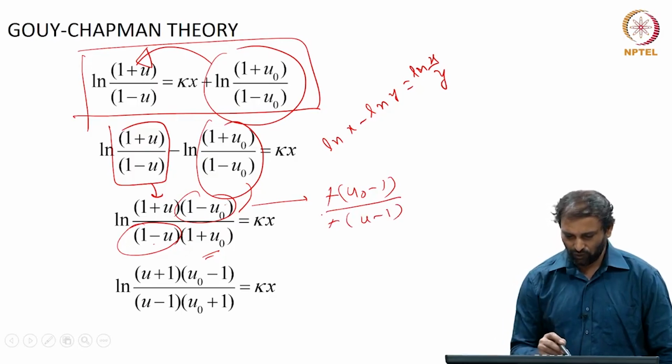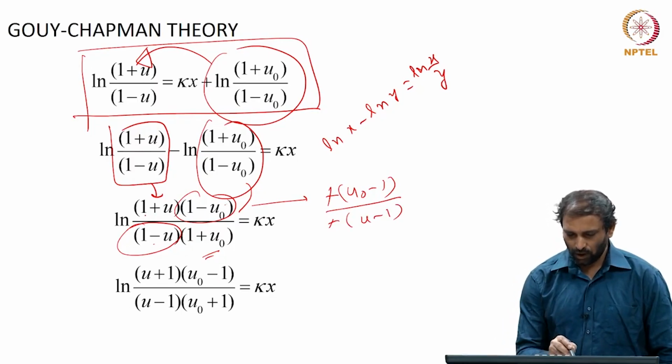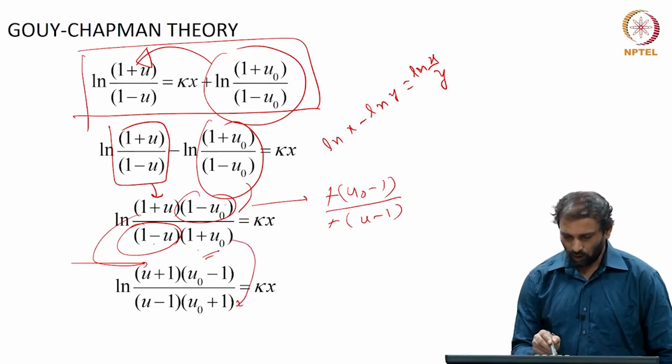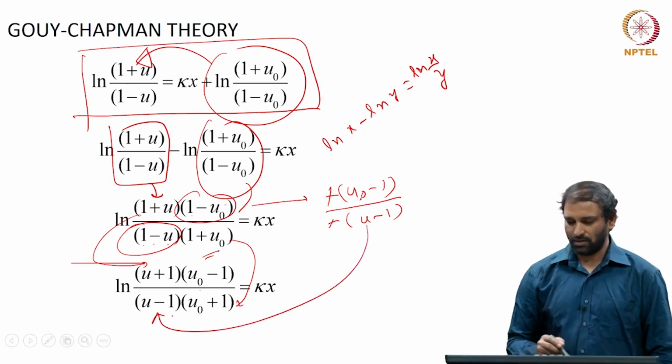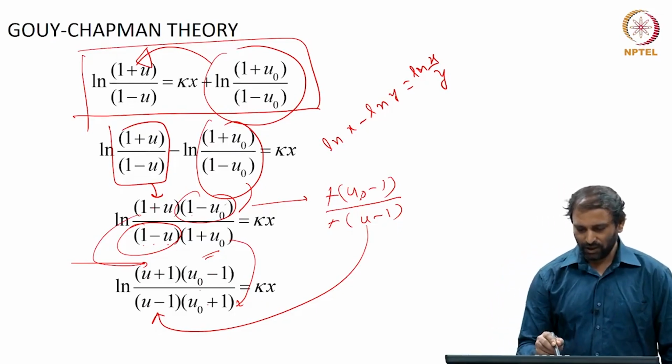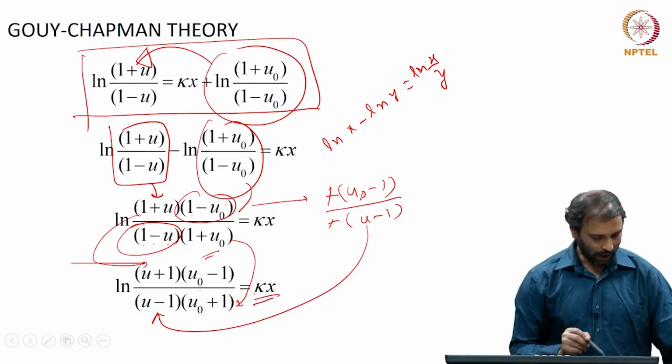This gets cancelled. Therefore, 1 plus u, or u plus 1, remains as it is, and 1 minus u I can write as u minus 1. So, ln of (u plus 1) divided by (u naught minus 1), whole divided by (u minus 1) multiplied by (u naught plus 1), is kappa x.